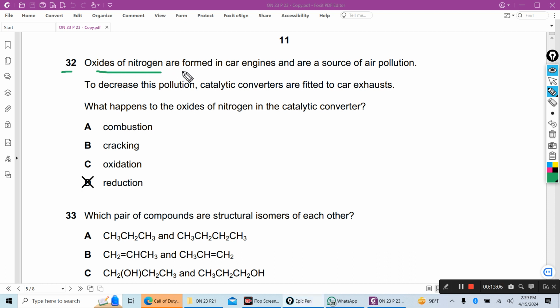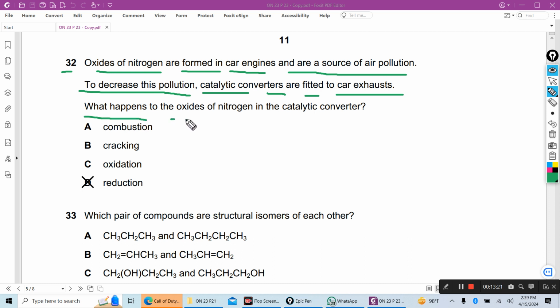Oxides of nitrogen are formed in car engines and are a source of air pollution. To reduce this pollution, catalytic converters are fitted to car exhausts. What happens to the oxides of nitrogen in the catalytic converter?